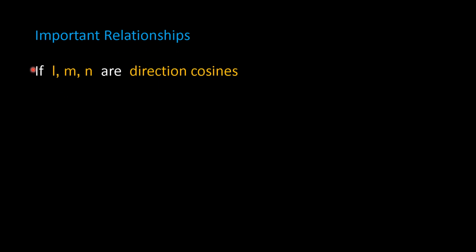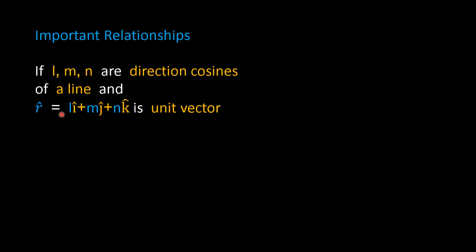We will evolve some more important relationships. The first among them is: if l, m, n are direction cosines of a line and r cap equals l i cap plus m j cap plus n k cap is a unit vector along the line, then r cap equals r bar by mod r bar.